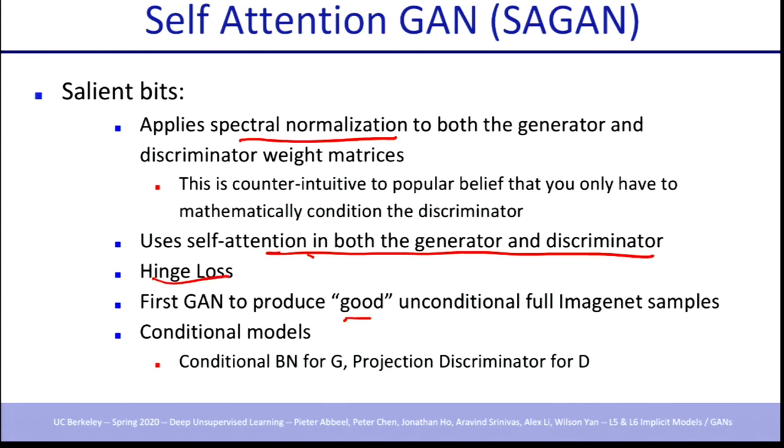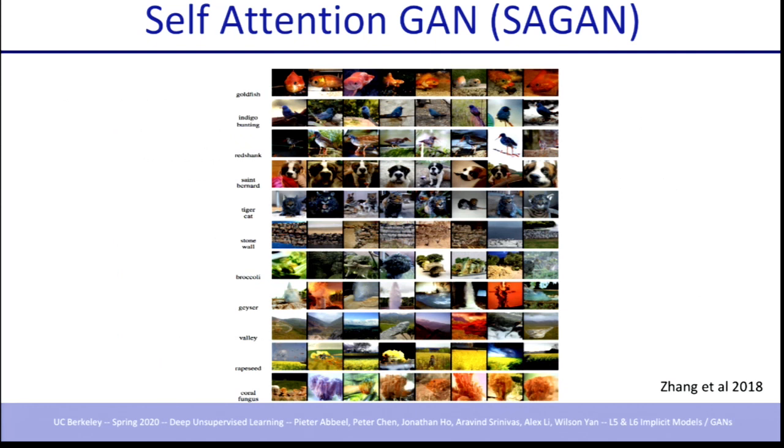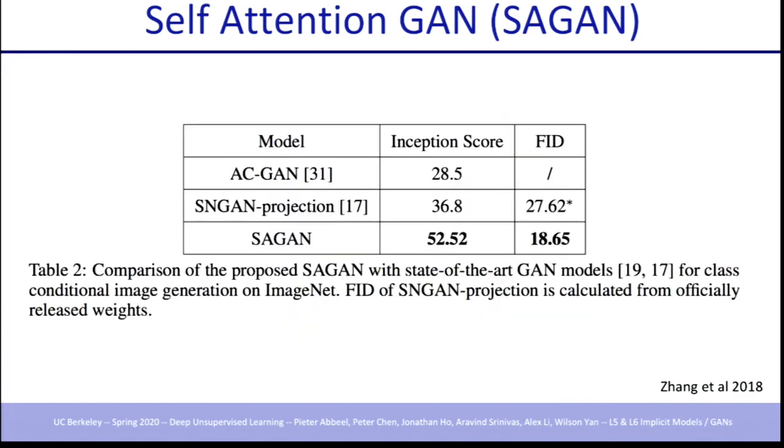It was able to produce very good samples even without class labels, which was not the case for SNGAN, and it adopted the same mechanism for the class-conditional version. You can see the samples are getting much better and much more diverse, and it worked at ImageNet scale. The Inception Score increased significantly and the Fréchet Inception Distance was significantly reduced. It was really surprising when it came out.